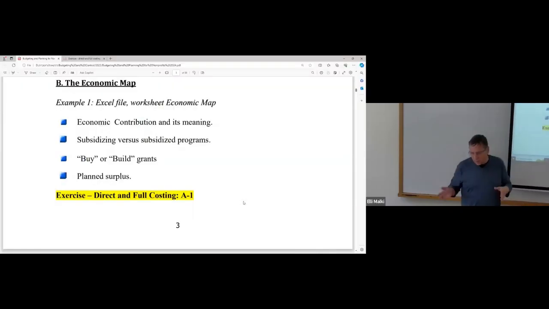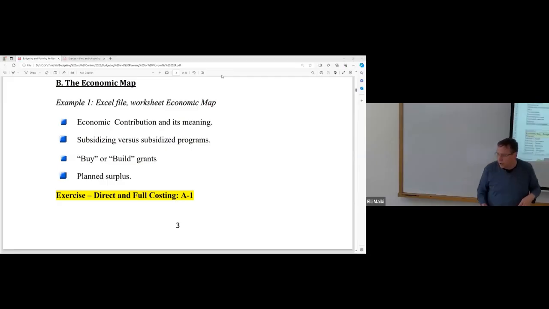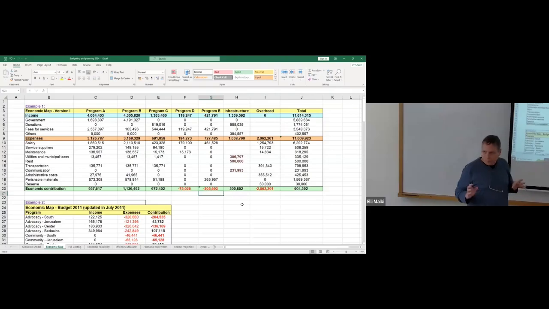Okay, second point is basically the same, subsidizing versus subsidized. Now, buy or build grants that we saw already, and I'm going to show you again. So the economic map shows us explicitly in the line of donations which donations are from buyers and which donations are from builders.